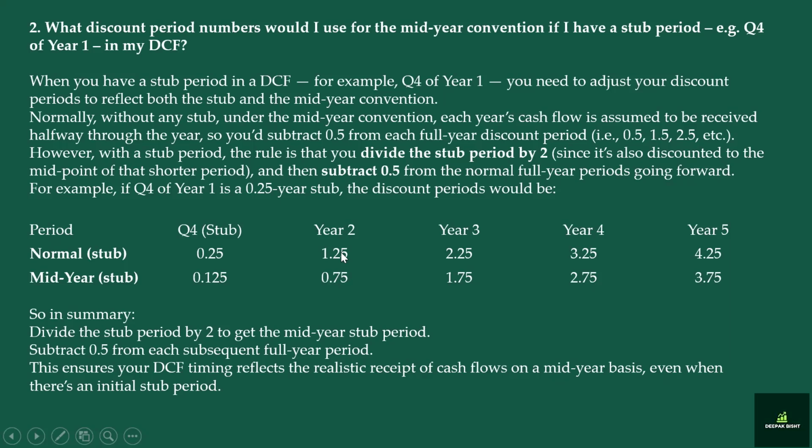This is shifting the timing in between quarter 4 and year 2, by 0.75. Now we are discounting the numbers and assuming that we have generated revenue somewhere around 0.75. So this is now making more sense. In practicality, this is making more sense.